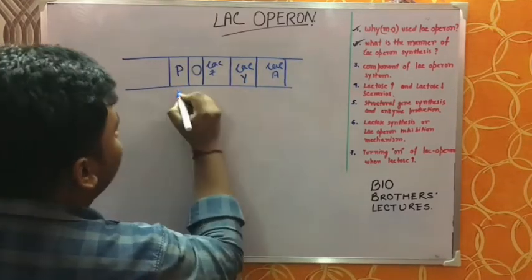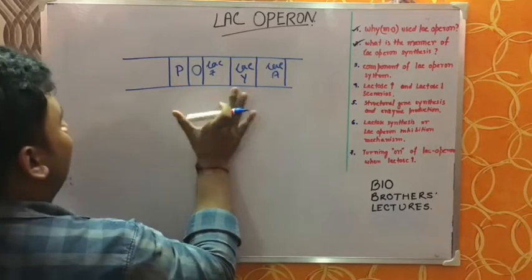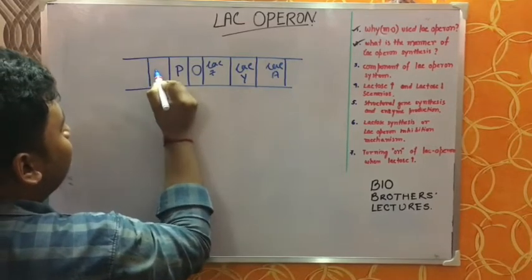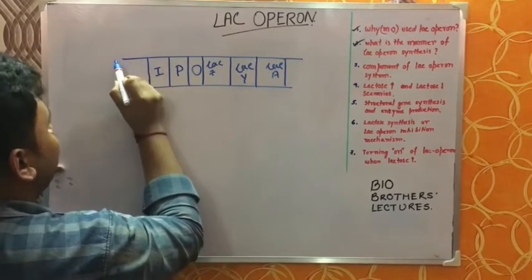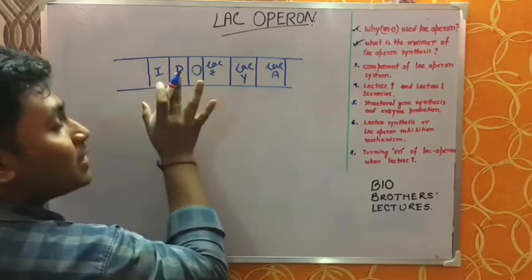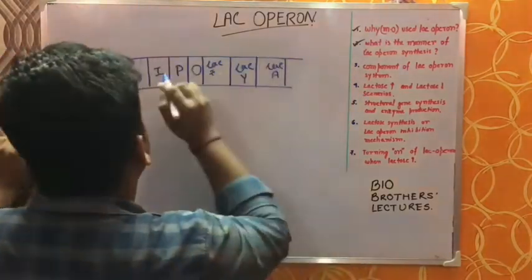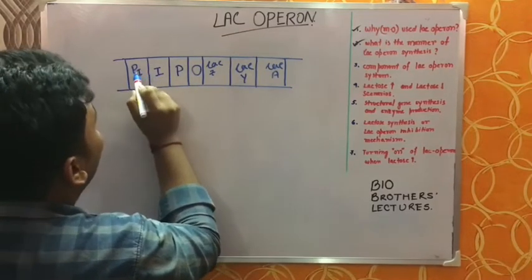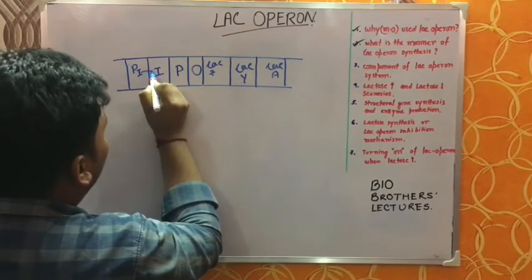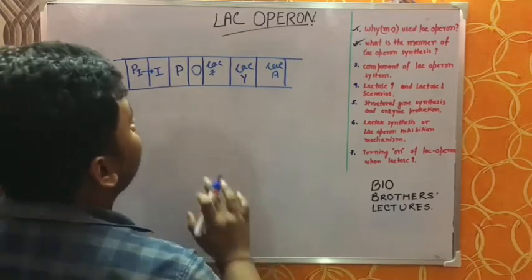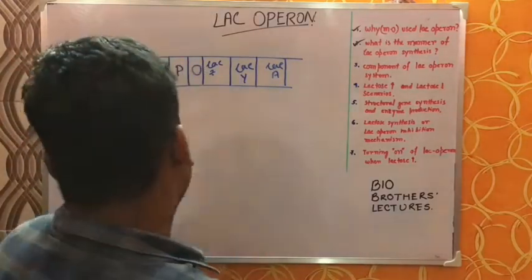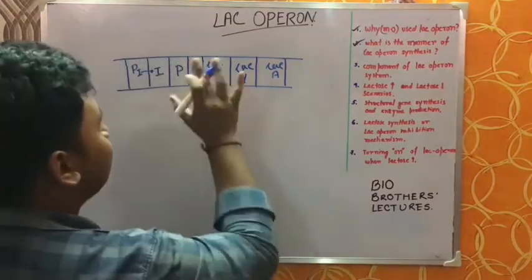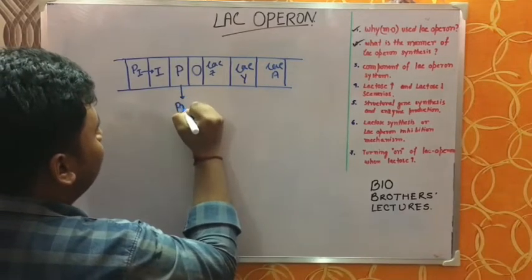This is the main scenario. This is the lac operon, and here there is I, the inhibitor. Inhibitor means that which inhibits the synthesis of the lac operon, and PI, the promoter for this inhibitor, which starts the inhibition. This is the scenario.